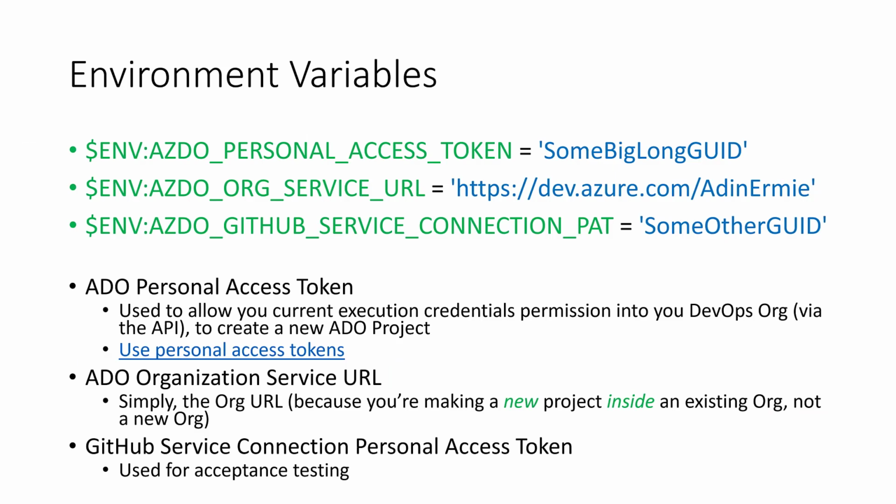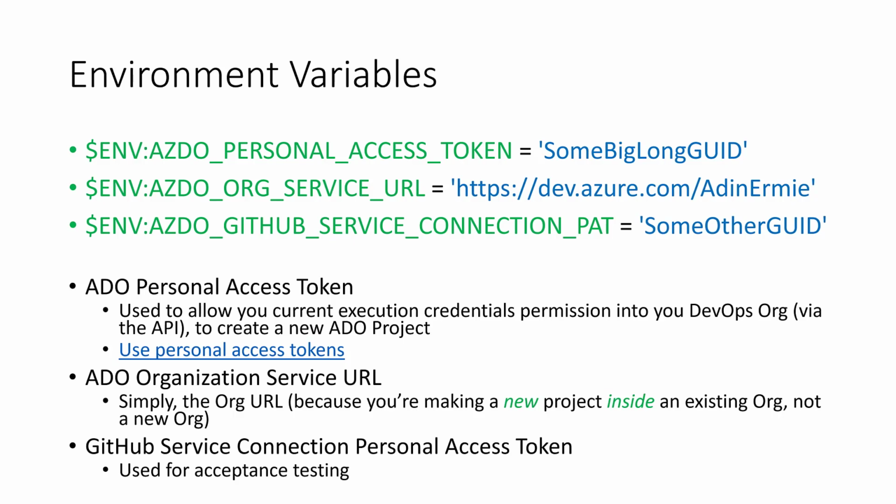The first thing I want to talk about when leveraging the provider itself is the need for certain environment variables on your execution. So you need at least two of these. The first two. So the first one is the Azure DevOps Personal Access Token, or PAT for short. This is what allows your current execution credentials.